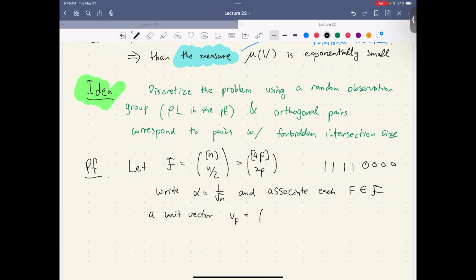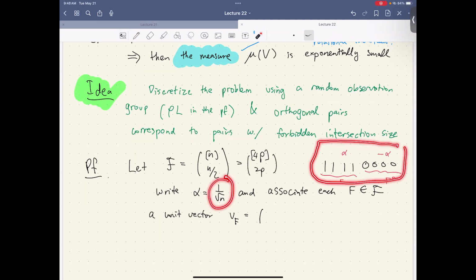And what's V_F? Basically, whenever an element is in F, this one is in F, this one is not in F. Let me write F complement. So in F, we're going to change it to alpha. Not in F, we're going to change it to negative alpha.